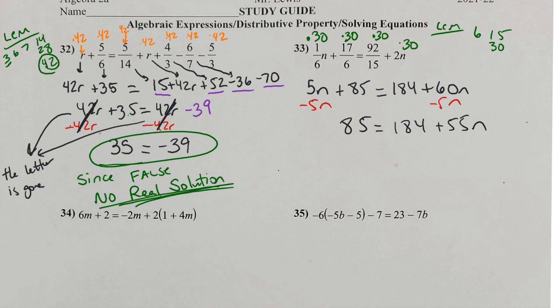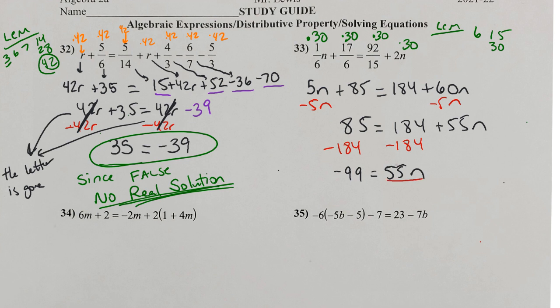Now I'm going to subtract 184 from both sides. I'm going to get negative 99 equals 55n. Nothing's changed.